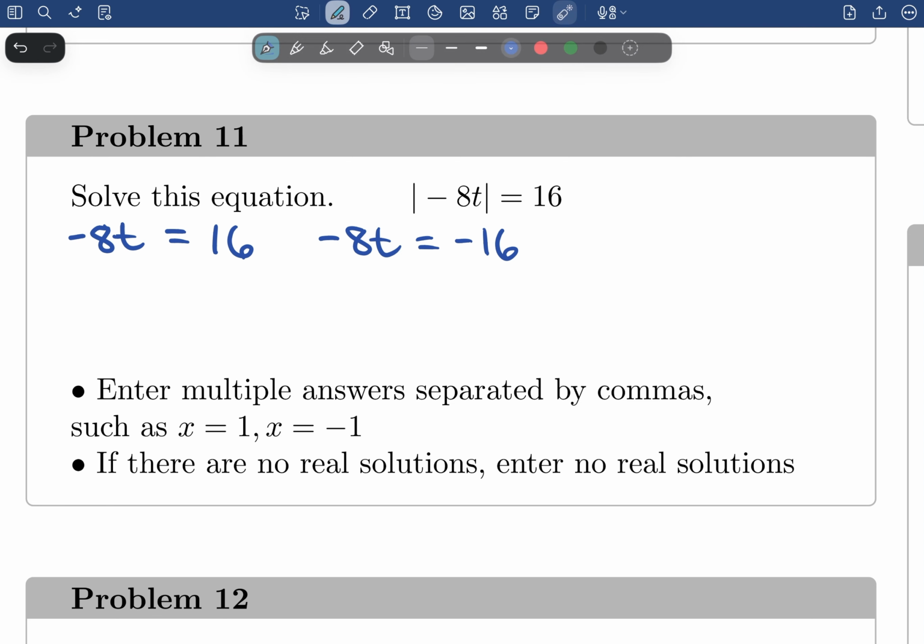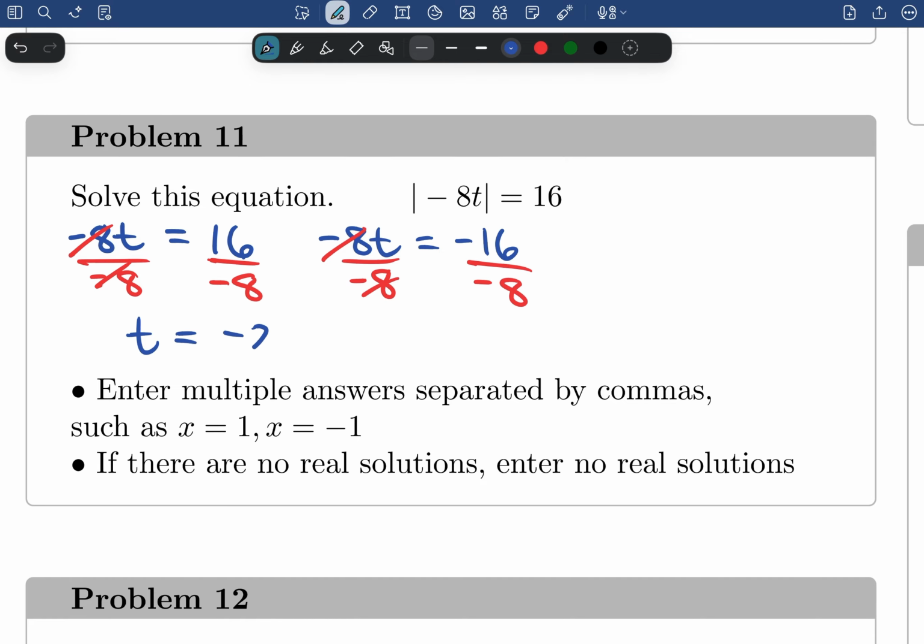Now we're going to solve each of those two equations, and we do it the same way. We divide negative 8 from left to right. So here I go, I'm dividing negative 8 from left to right. And yeah, the negative 8s cancel here and here and here and here. And I get two solutions for t. t equals negative 2 and t equals positive 2.